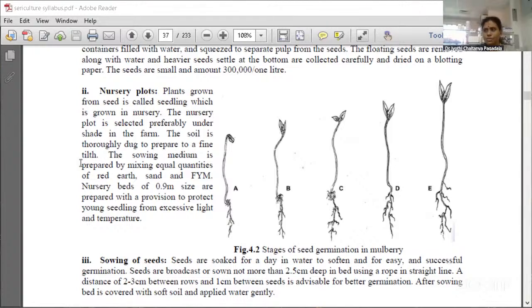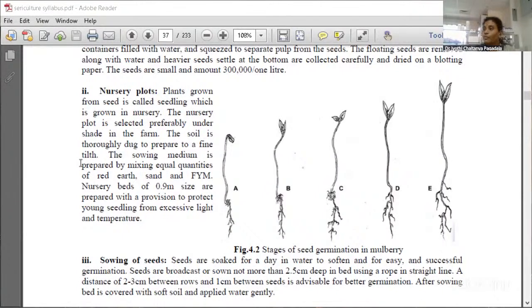If you store the seeds, they will lose their viability. If preserved beyond 3 months, the seed should be stored in a sealed airtight container kept in a cool place. However, freshly harvested seeds show high germination.